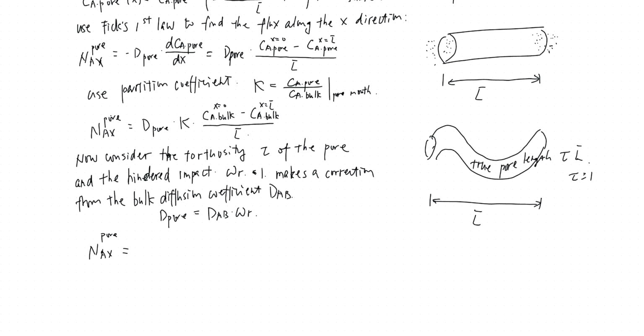So now we have DAB, then K omega r divided by tau, and then CA evaluated at x equal to 0 minus CA evaluated at x equal to L bar, divided by L bar. So this is our new notation.